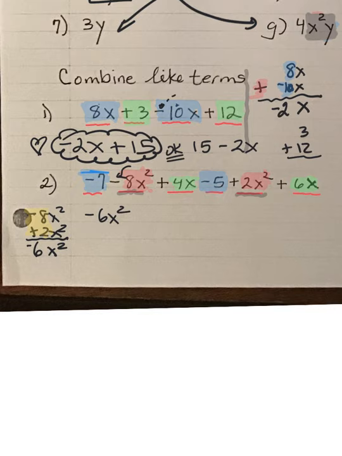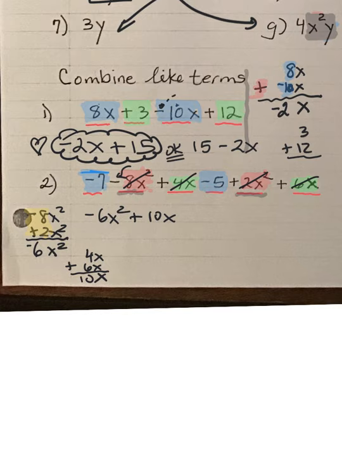And then let's see, I did that one and I did that one. So then we're going to do the x's. So I have 4 x's and I have 6 x's. So when you combine like terms, how many x's would I have? Doesn't that give you 10 x's? So I have a positive 10x. We call those the linear term because they're the plain old x's.